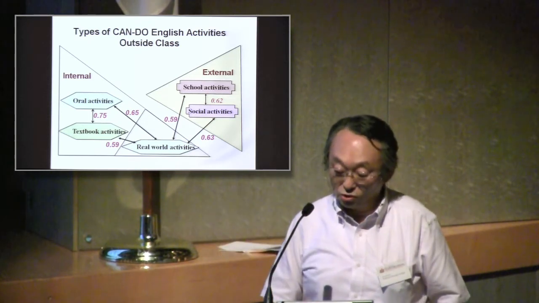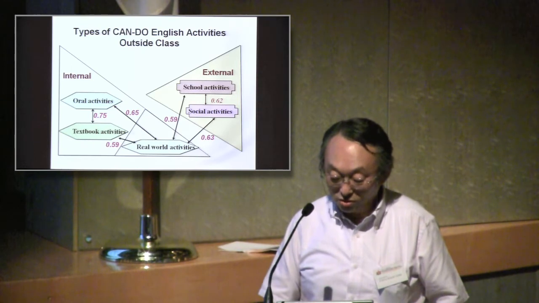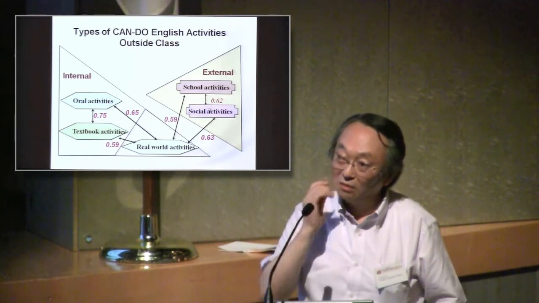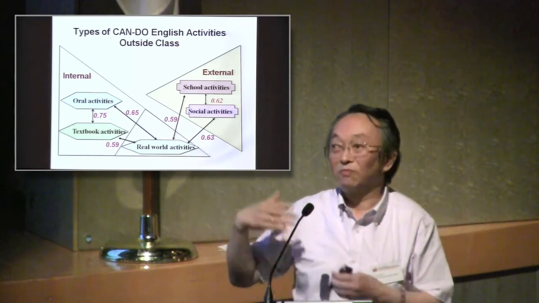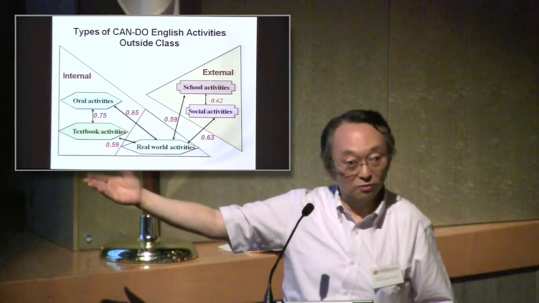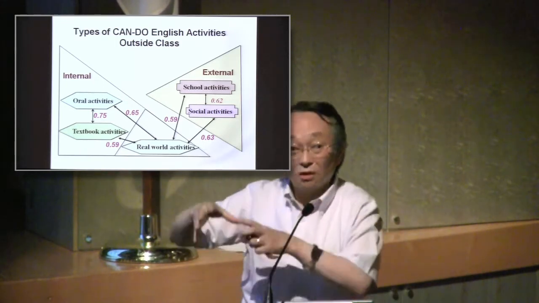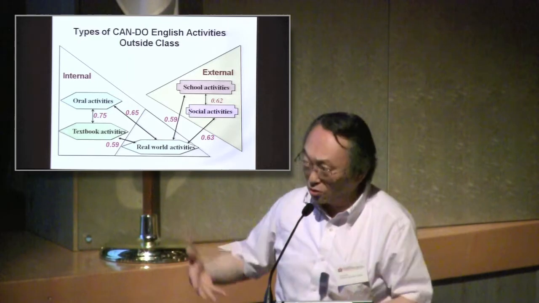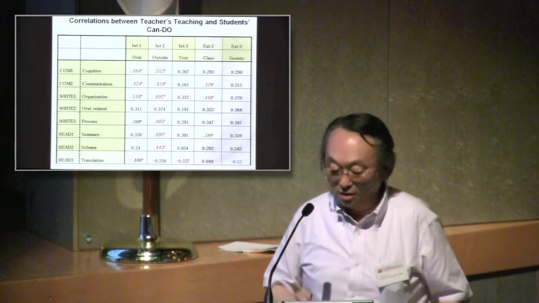And this correlation was stronger than the correlation between this, or this, or this, or this, which means that simply being able to function in the classroom in Japan might not necessarily have a positive correlation with how much they will be able to function in the foreign country. You've got to be able to get the students to function in the world that they're living in, the internal open seas in Japan. That's what we found.